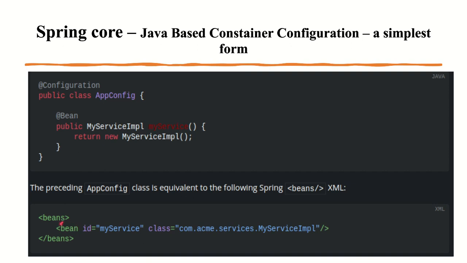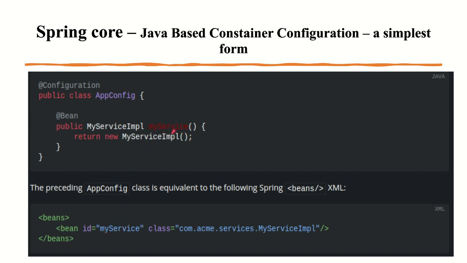In it we are going to specify the bean tag. This @Bean annotation tells that this particular method is going to return whatever we would define with respect to the class and ID. You return a particular object. This is my method name, myService.